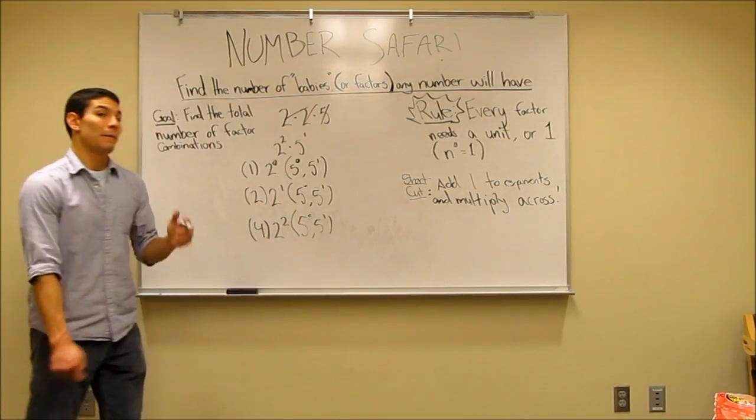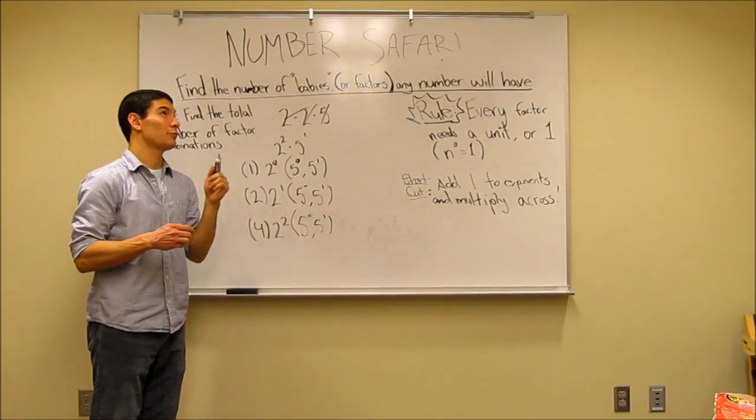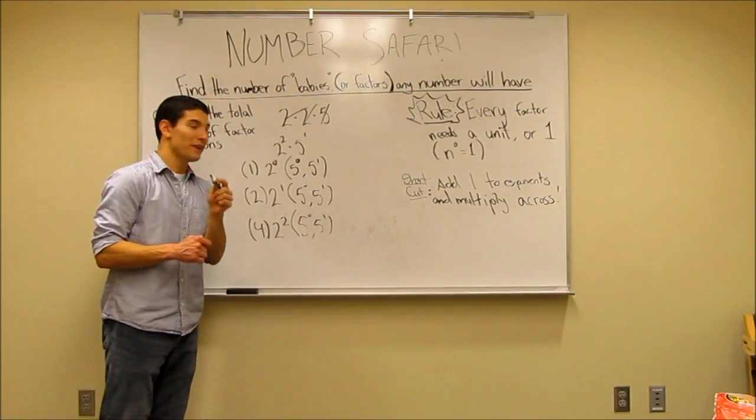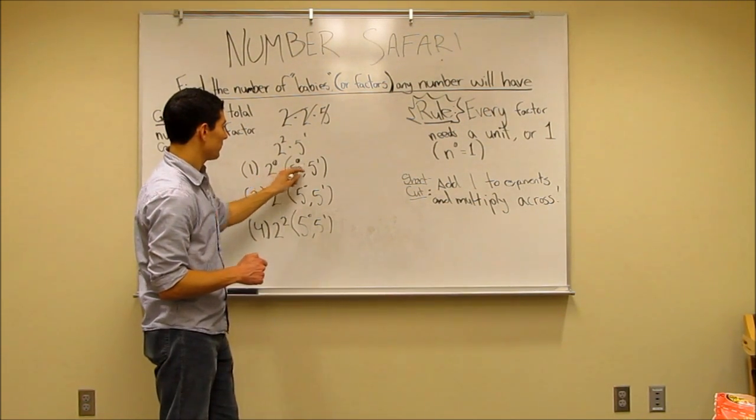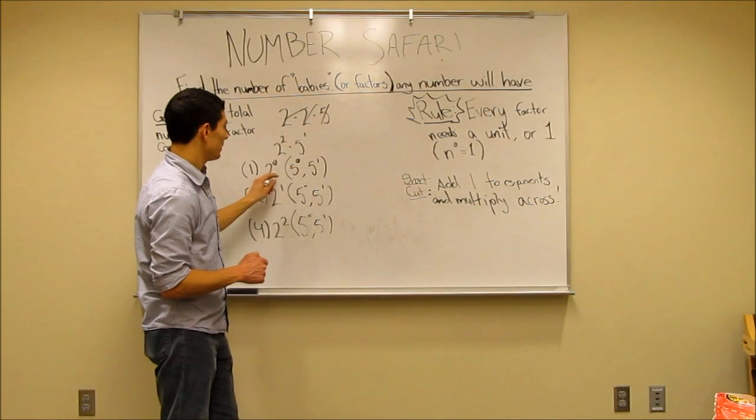Now, because of the distributive property, what we want to do to find out each of these combinations is multiply this number, or 1, by each of these factors. So 1 times 5 to the 0 equals 1. 1 times 1 is? 1. 1 times 5 is? 5.